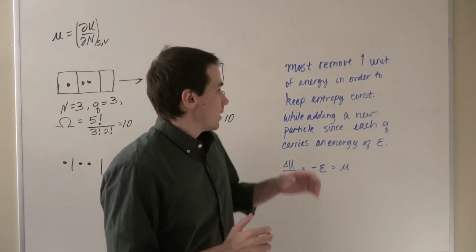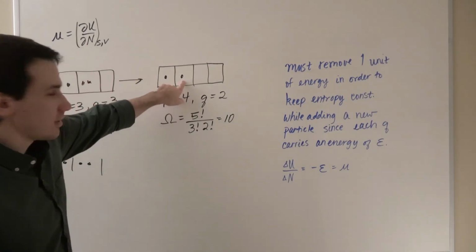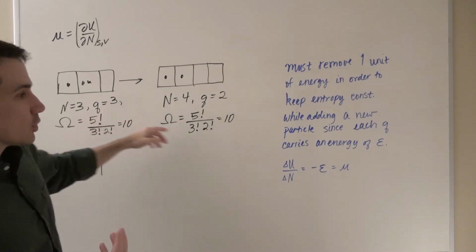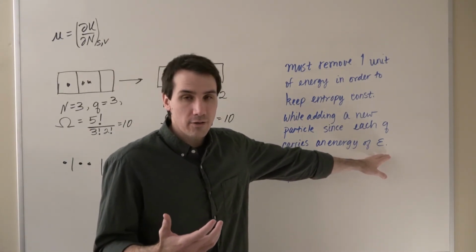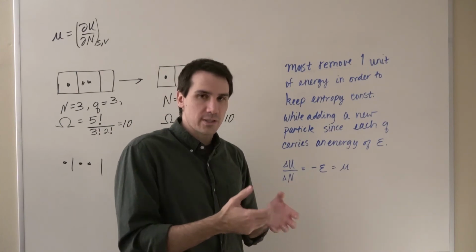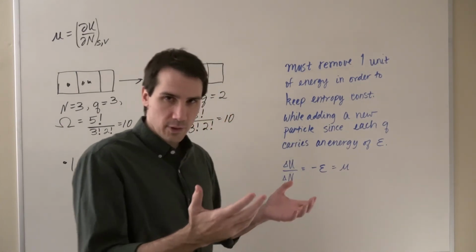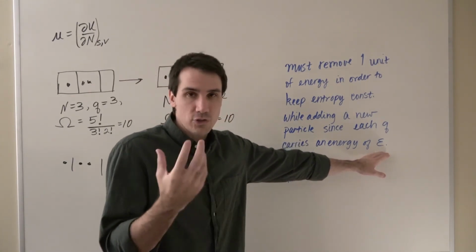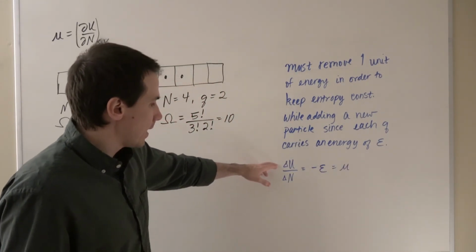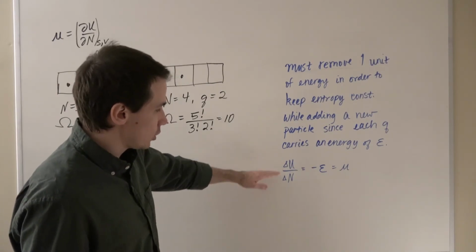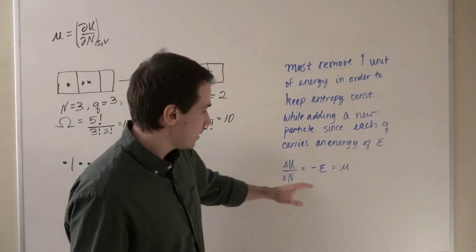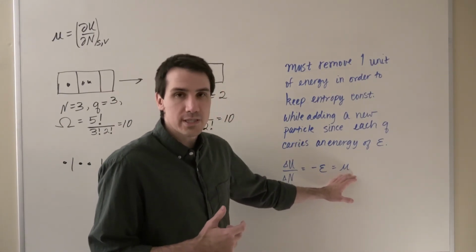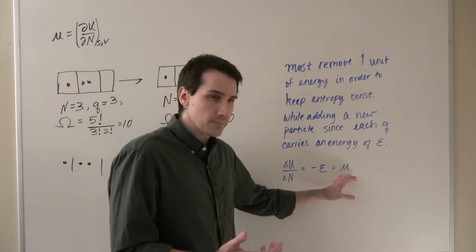So since we removed one unit of energy, which we give by Q here, and since each Q carries an energy of epsilon, remember this is just the difference between energy levels in a simple harmonic oscillator, we had to remove one unit of energy epsilon here, and so we have the change in energy per change in N is equal to negative of this energy, which is equal to our chemical potential, right?